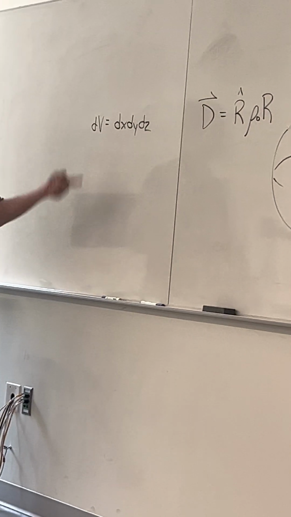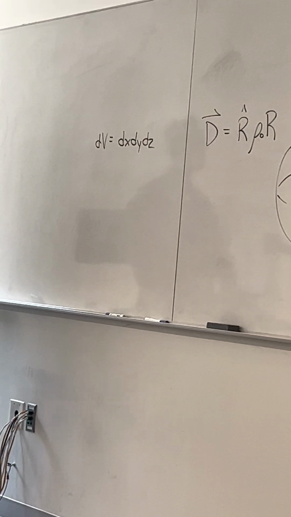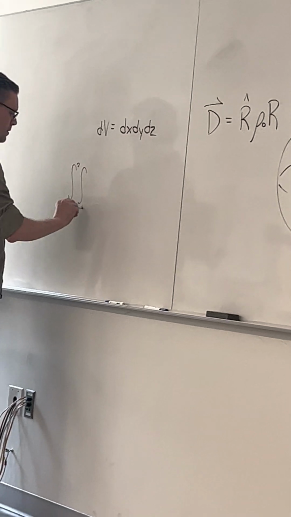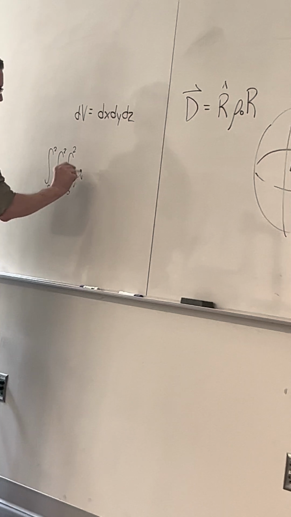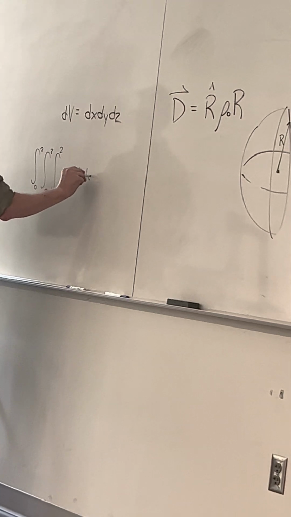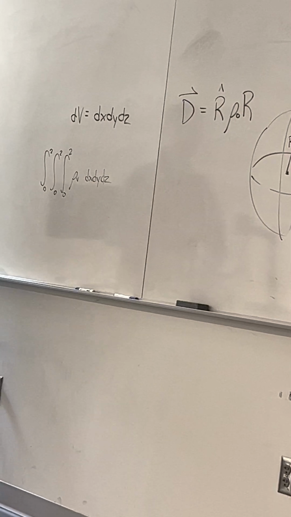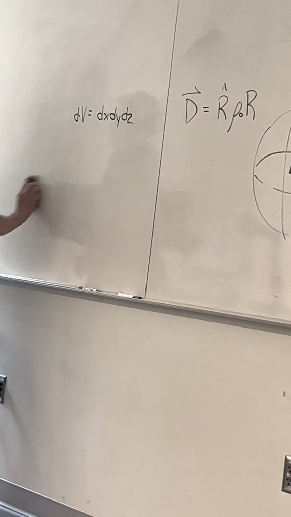Boring, right? Easy, but boring. I think the textbook is a cube with 2 meters on each side, so you'd have 0 to 2, 0 to 2, 0 to 2, rho v, dx, dy, dz, calculated. It's too trivial, so I made it a hemisphere.